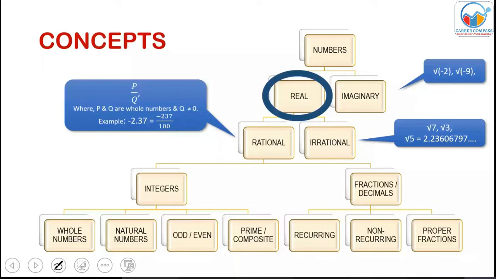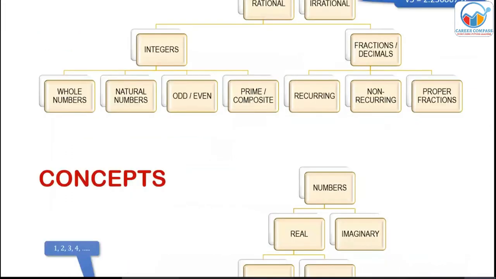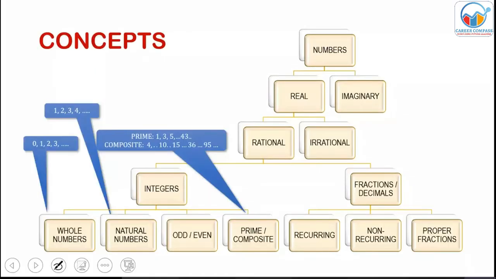We are talking about irrational numbers. Then we have natural numbers, whole numbers, prime and composite numbers, right? Like prime numbers are those which are divisible by 1 and itself, otherwise it's a composite number. Then we have odd and even numbers.